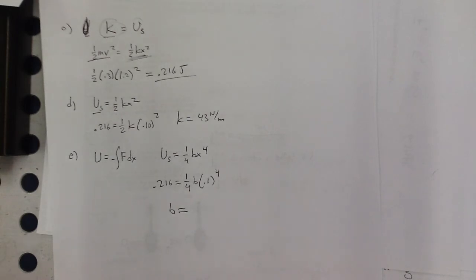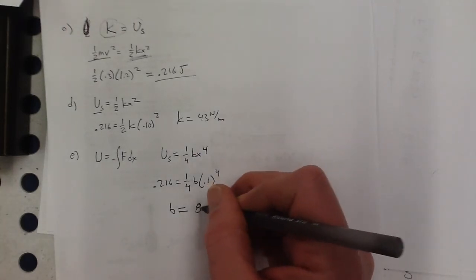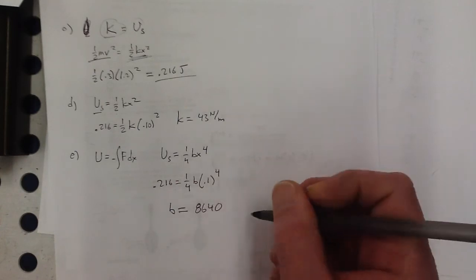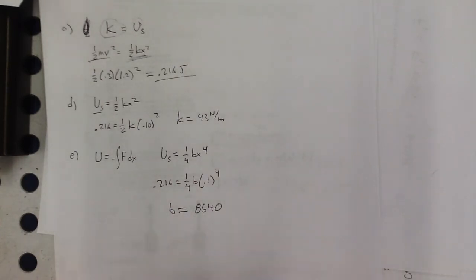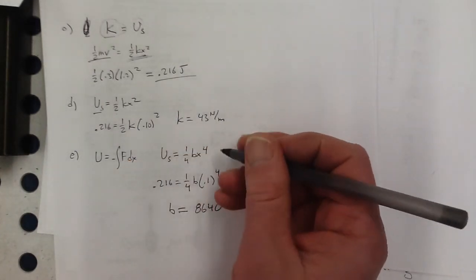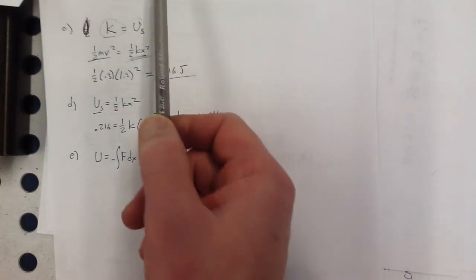let's see, $8,640. What would the units for that be? So probably that's easiest to get at.